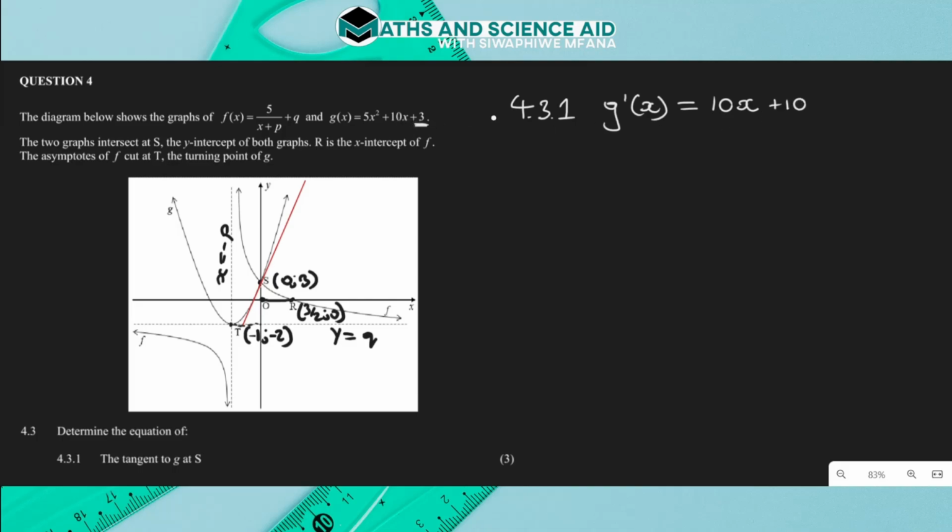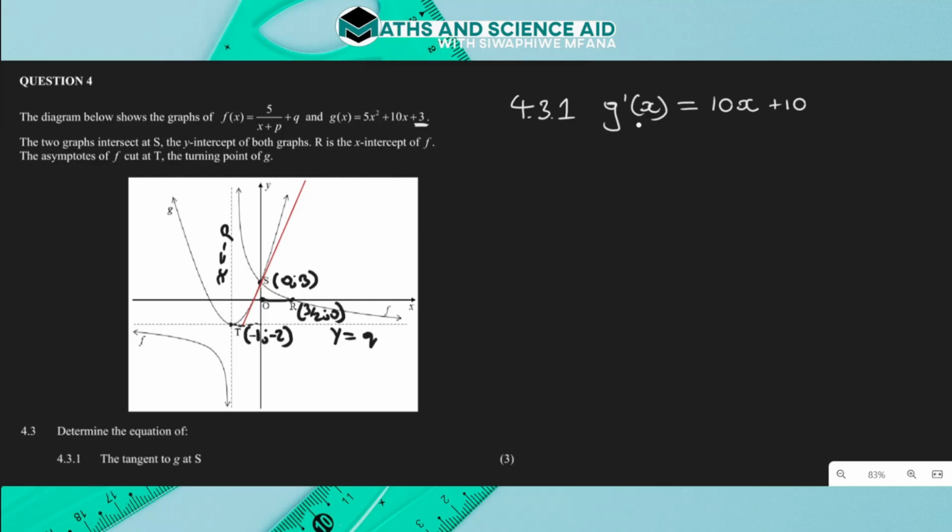And then we would have x to the power of 1 minus 1. So that's equal to x to the power of 0, which is equal to 1. So therefore, that term will just be equal to x. And then now the derivative of a constant is just 0. So this is the derivative of g of x.